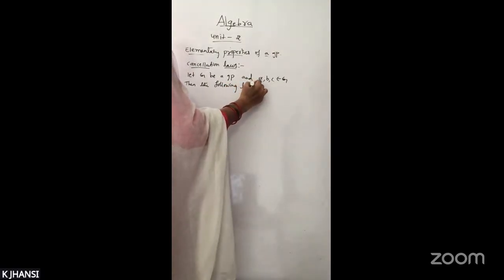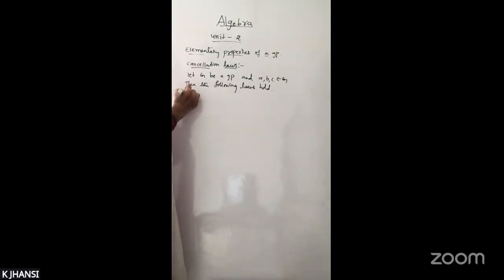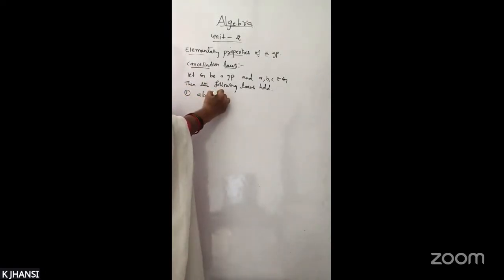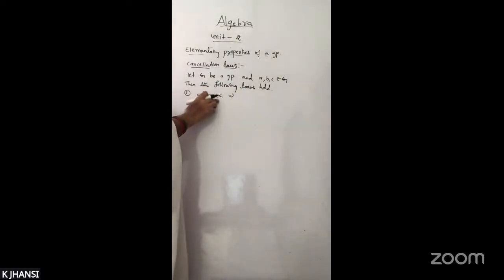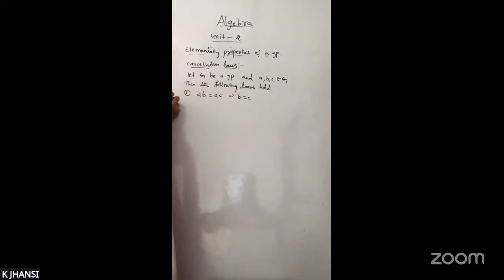The first one is the left cancellation law: AB is equal to AC. Here in both we have a common A, so we are cancelling this A and this A. This is the left side, and this is also the left side. When you cancel these two on the left side, we call it the left cancellation law.